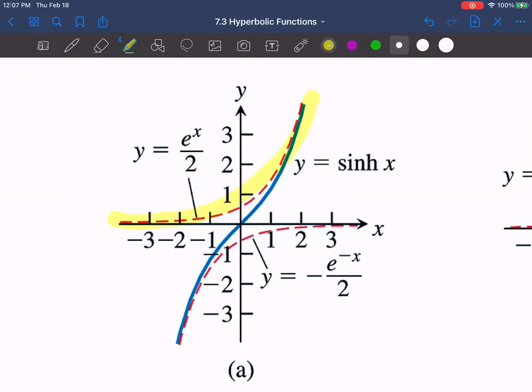And then the other one is, first off, e to the negative x. So we have to take the reciprocal of it. The reciprocal of a function, anything that's at 1 stays 1, right? We're just talking about the reciprocal of e to the x. We're ignoring the 1/2 at the moment. Anything that's 1 stays 1.